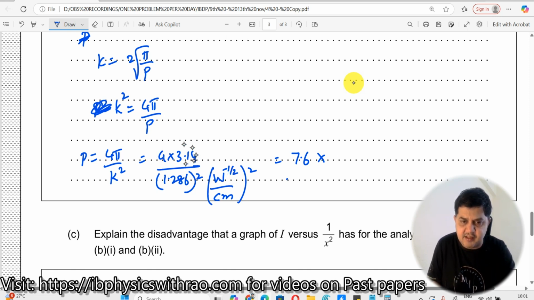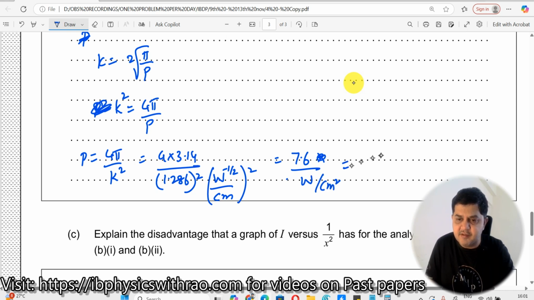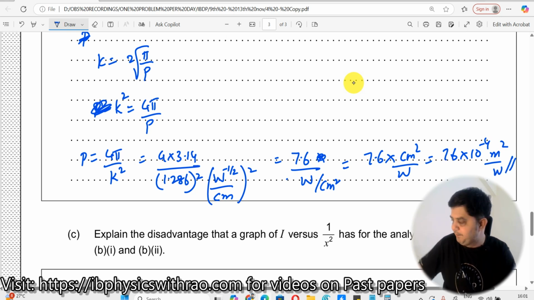This is constant. Don't worry about this. So this becomes 7.6 centimeter square per watt. It should be 7.6 into 10 to the power of minus 4 square meter per watt. And this is what we get.